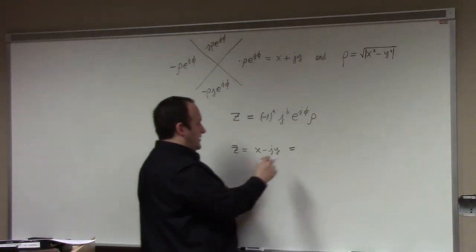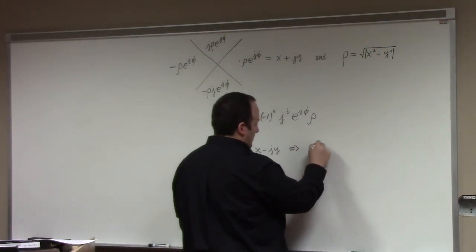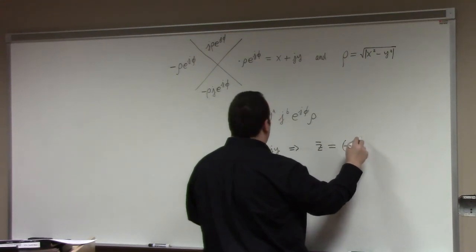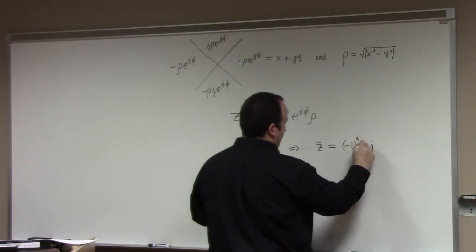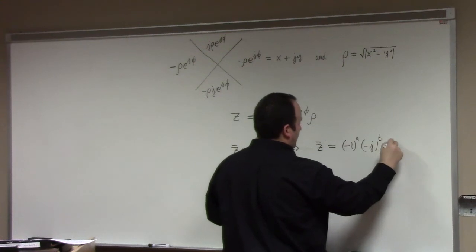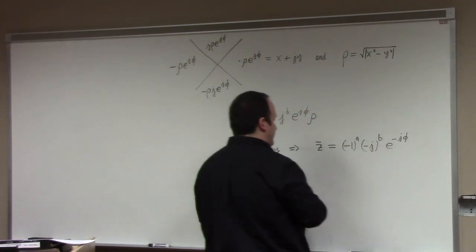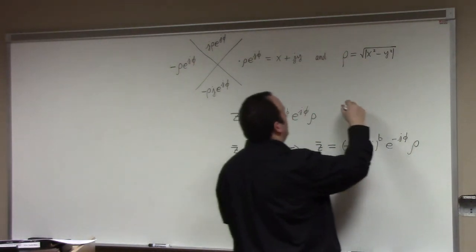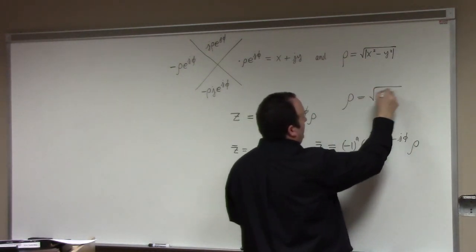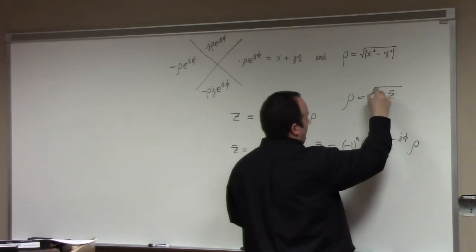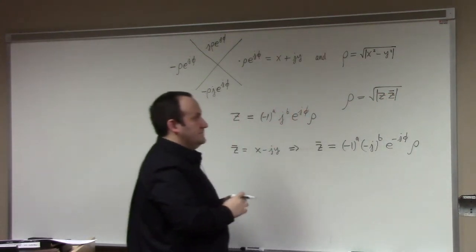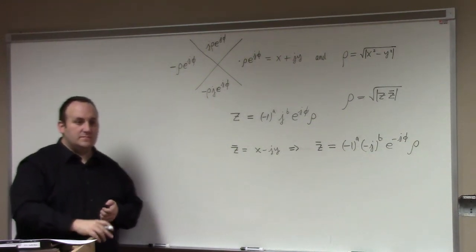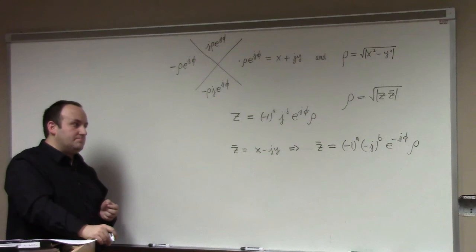But I think we can argue that z bar is really minus 1 to the a, minus j to the b, e to the minus j phi, rho. See, rho is really the square root of the absolute value of z bar, so when you conjugate that, rho is fixed under hyperbolic conjugation.